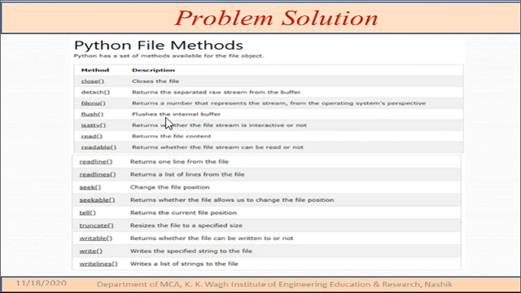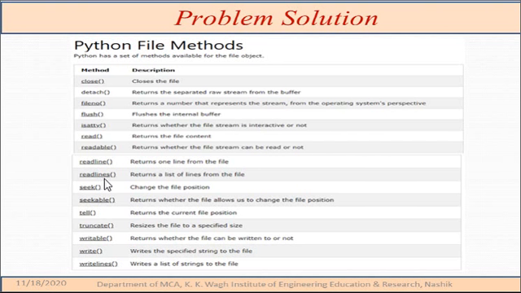Then flush flushes the internal buffer. isatty returns whether the file stream is in interactive mode or not. Then read returns the content of the file. Readable returns whether the file stream can be read or not. Readline reads a single line, that is one line from the file.